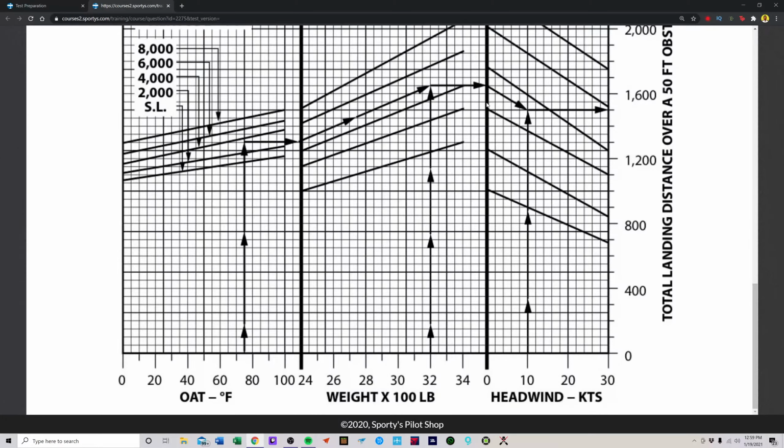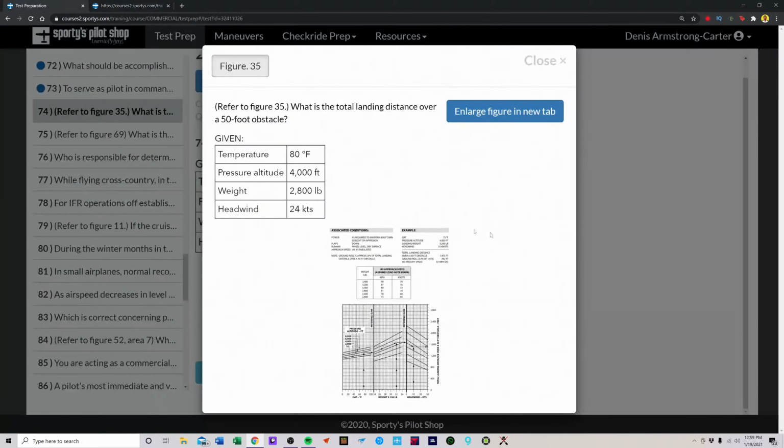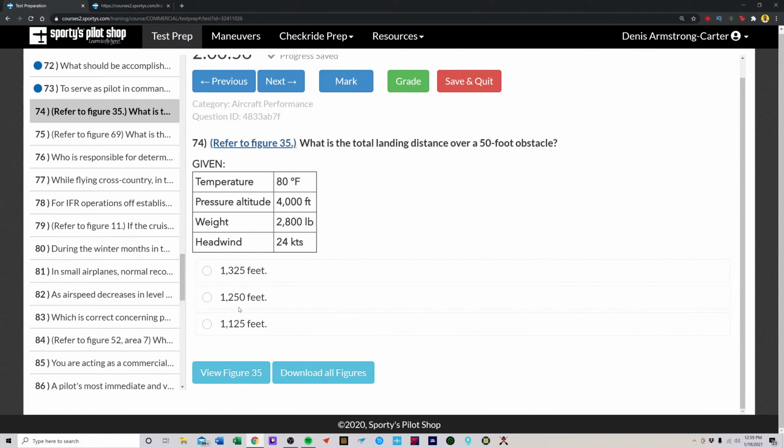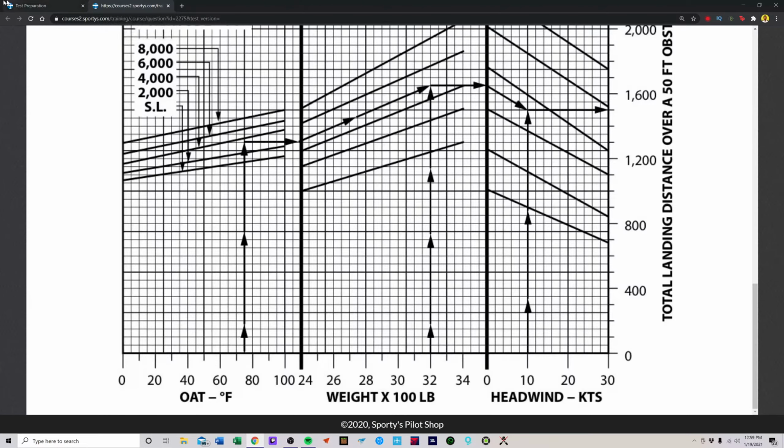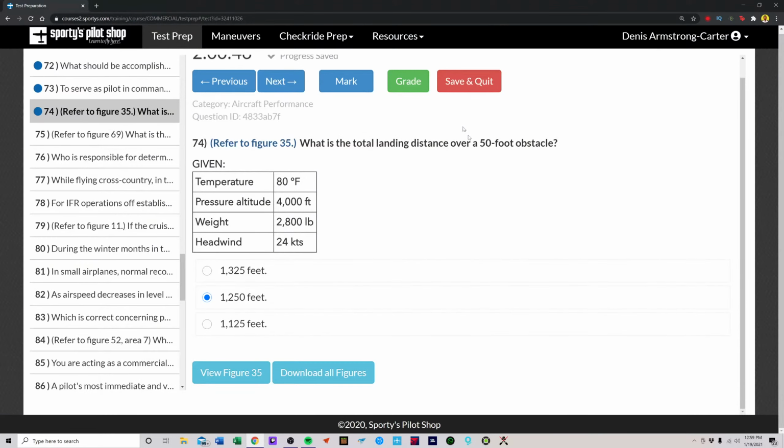So let's see, 24 is over. There's 21, 24. I see which line. We're down. 22, 24. Right there. 1,200. See if they have an option for 1,200. The closest one would be this one, 1,250. That's how you do that. You pretty much just do the closest answer.